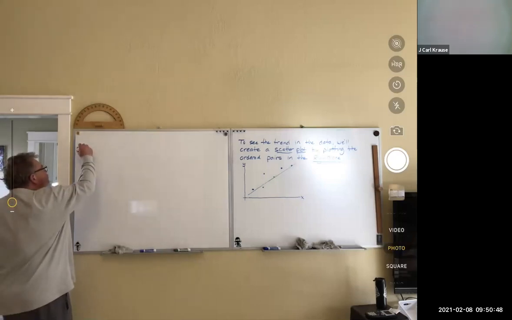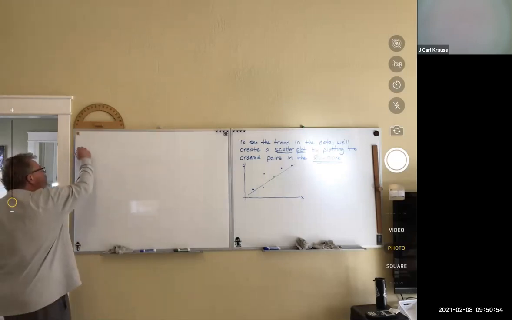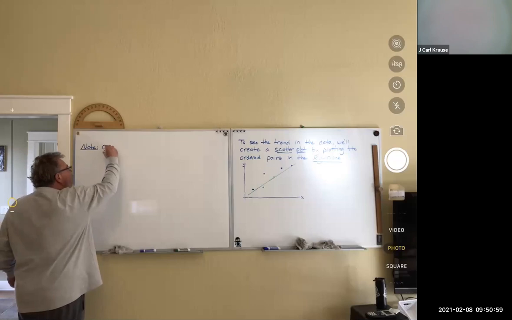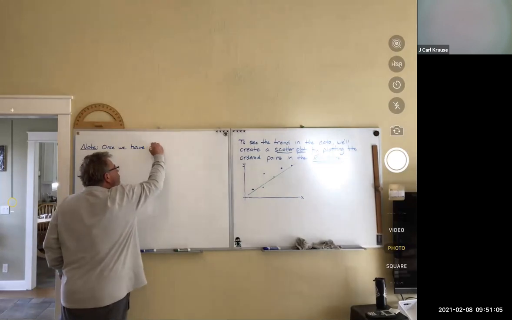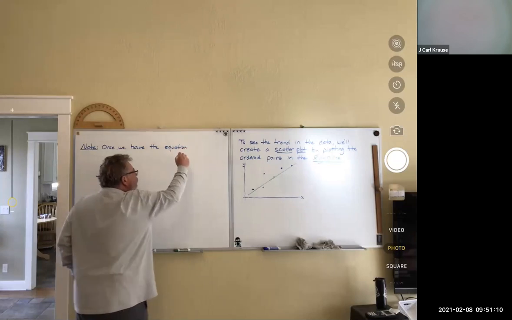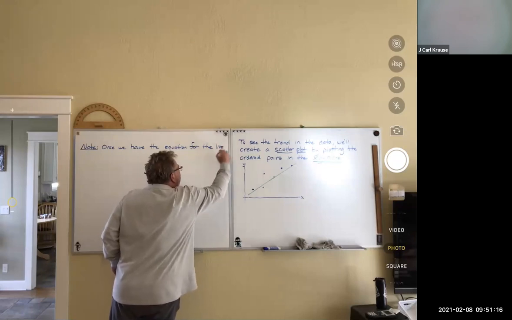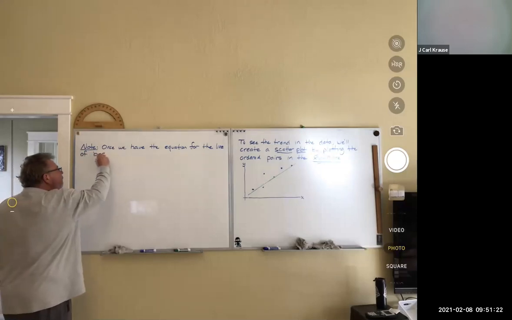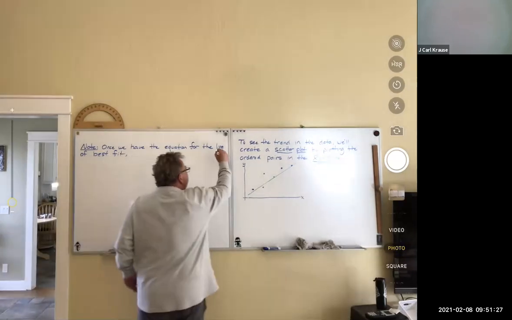Okay, so, let's see, how do I want to say this? I guess I'll do it like this. So note, once we have the equation for what we call the line of best fit, let me underline that.